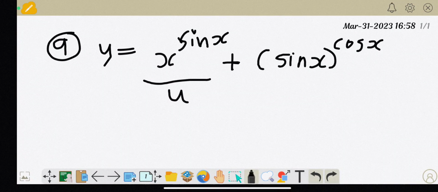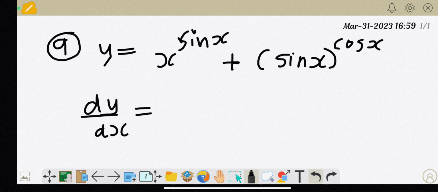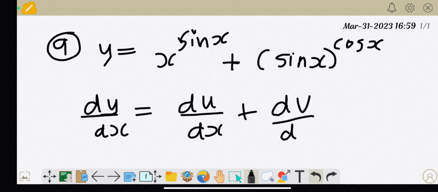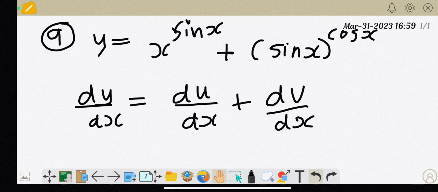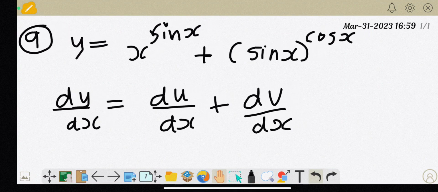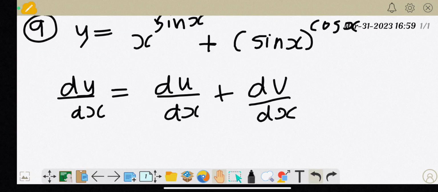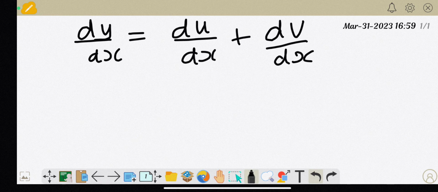So dy by dx should be equal to du by dx plus dv by dx. I have assumed y is equal to u plus v. So u is equal to x to the power sin x and v is equal to sin x to the power cos x.